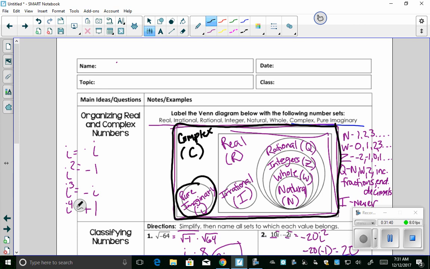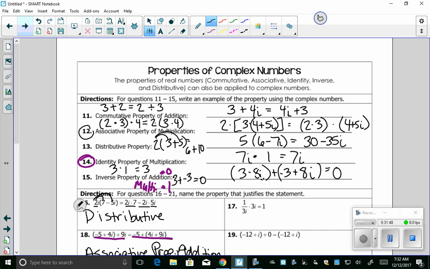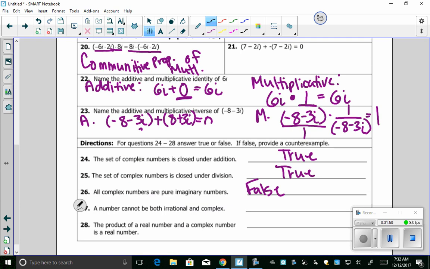Well, that's false, because if I have a real number, it is complex, but it's not imaginary. So you could use 3 as an example. 3 is a complex number, but it's not an imaginary number. Or you could use 7 plus 2i. 7 plus 2i is a complex number, but it's not a pure imaginary number because it's connected to a real number.